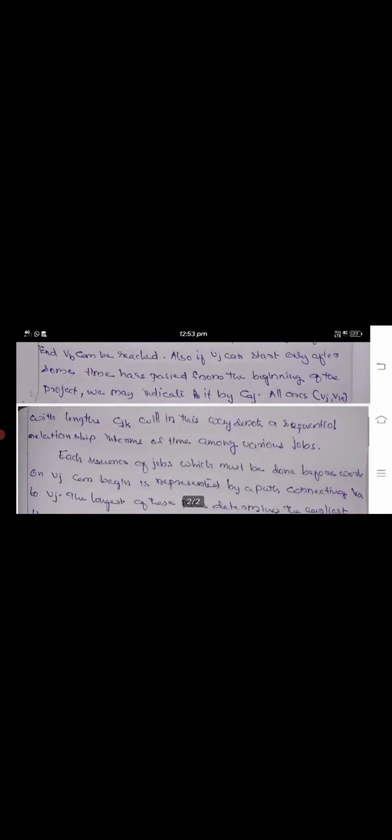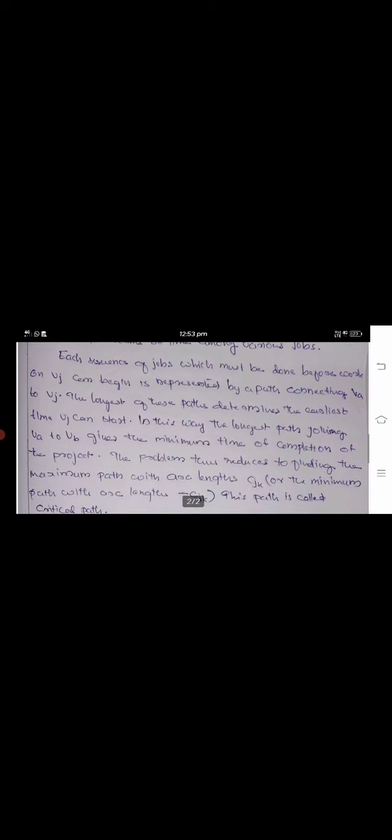Also, if VJ can start only after some time has passed from the beginning of the project, we may indicate it by CAJ. So, all arcs VJ, VK with the length CJK will in this way denote a sequential relationship in terms of time among various jobs.